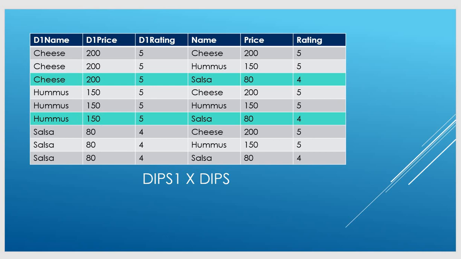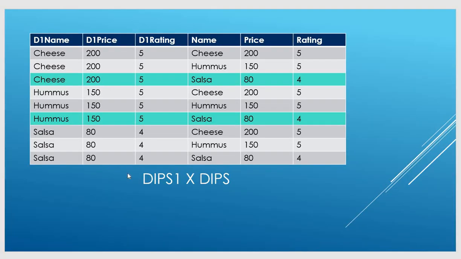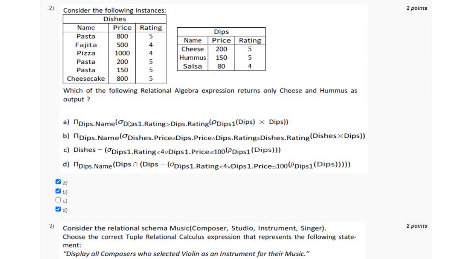So from this we have to finally project the dips.name, which will be cheese and hummus. So it will be returning cheese and hummus, so it will be one of the answers.